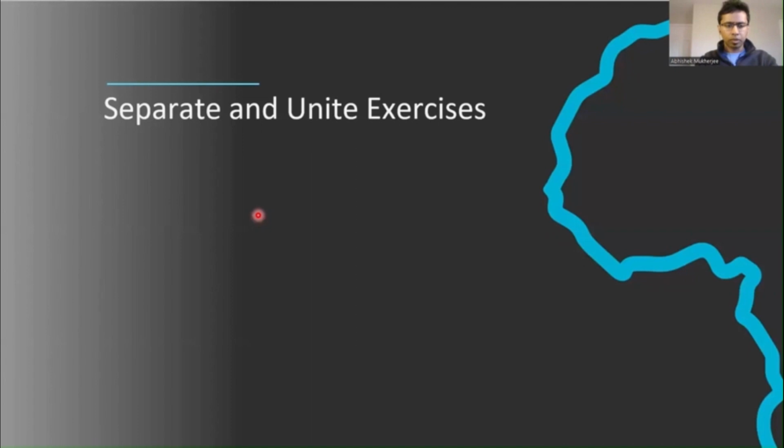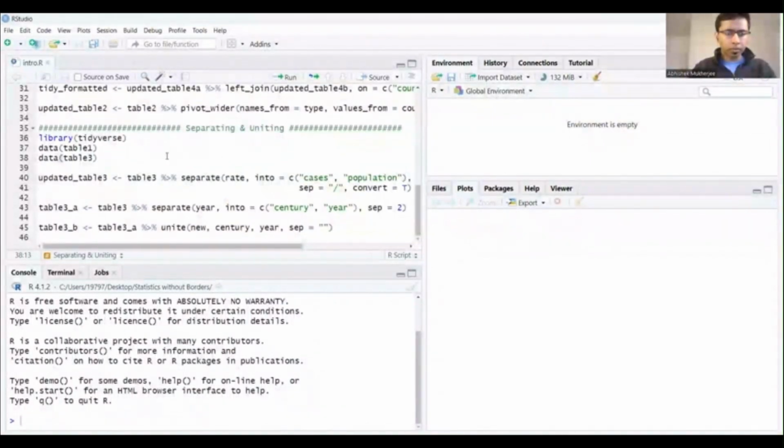Okay, so let me go through my RStudio screen real quick. Okay, so let's go through some of the exercises explaining the concepts of separating and uniting in R. To use this as well, we first need to download and install the tidyverse package.